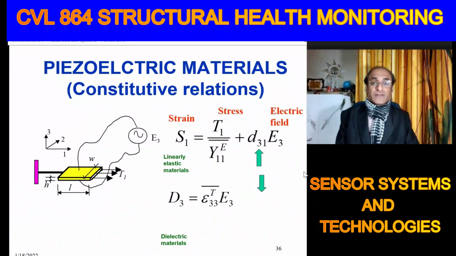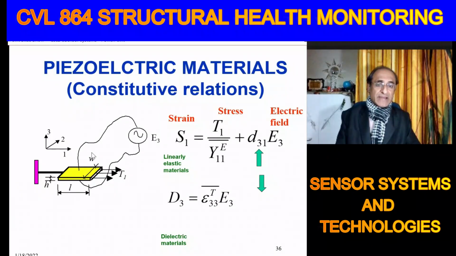So let's also see the other equation. The first equation which I just showed is the equation for the converse effect, or the actuator. And the other equation which I am showing is the equation for the direct effect. Direct effect means that first of all this behaves like a parallel plate capacitor.